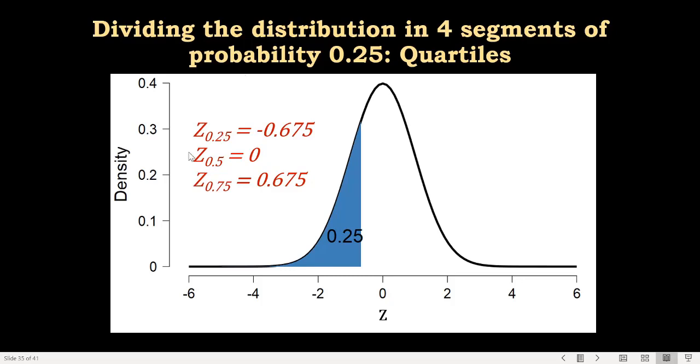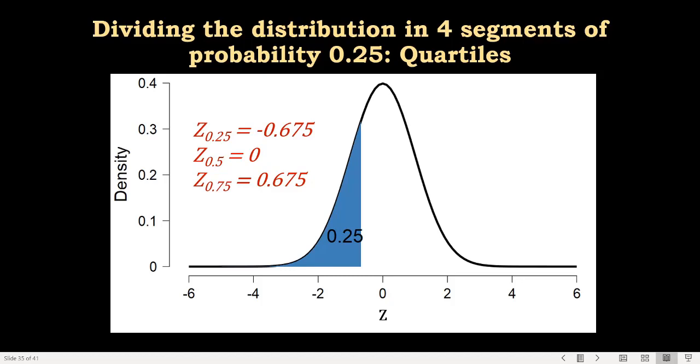So we need to identify the value of z that divides the distribution into 25% probability to the left and 75% probability to the right. And that value is negative 0.675. So from negative infinity to negative 0.675, the probability is 0.25.